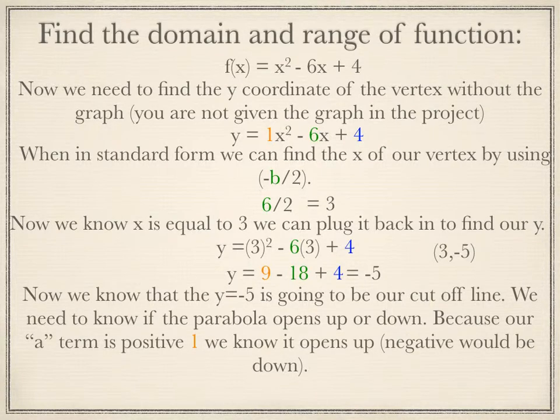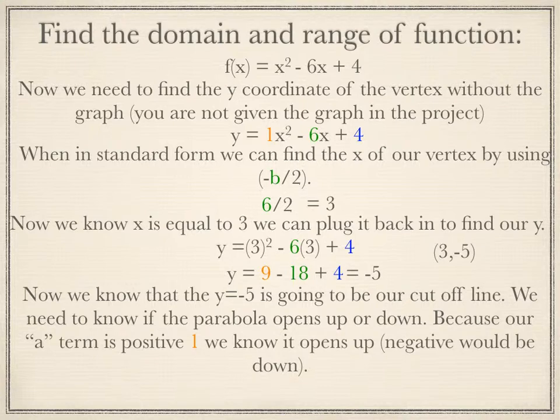Now we know that y equals negative 5 is going to be our cutoff line. So once again, I'm just taking the y value of my vertex, and we know that that's our cutoff line. Then we need to know if the parabola opens up or down. This is where we're going to look at our a term. So our a term is that term I have highlighted in orange, which is a positive 1 in this case.